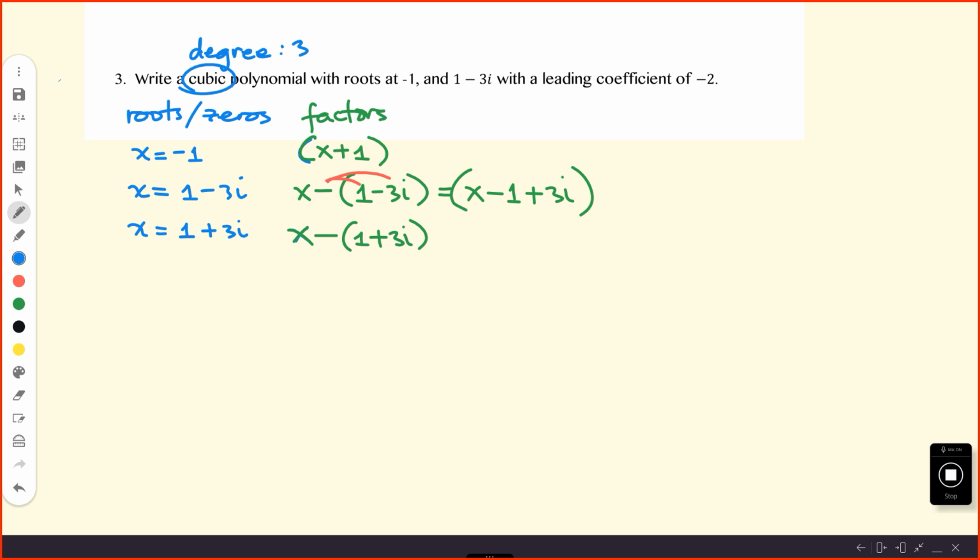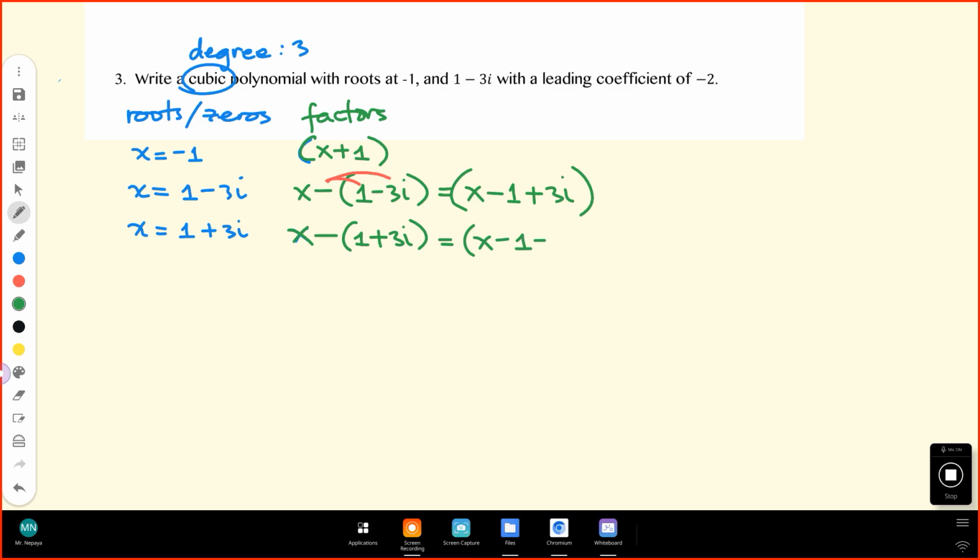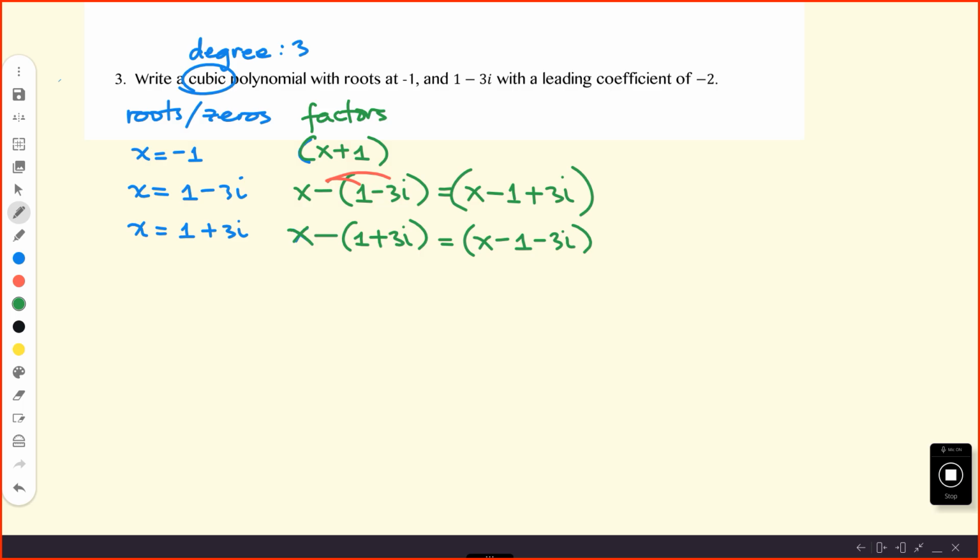So how do we write this now? Simplified form. X minus 1 minus 3i. Any questions so far? Again, you just distribute the negative to the binomial because your zero or root is a binomial, right?